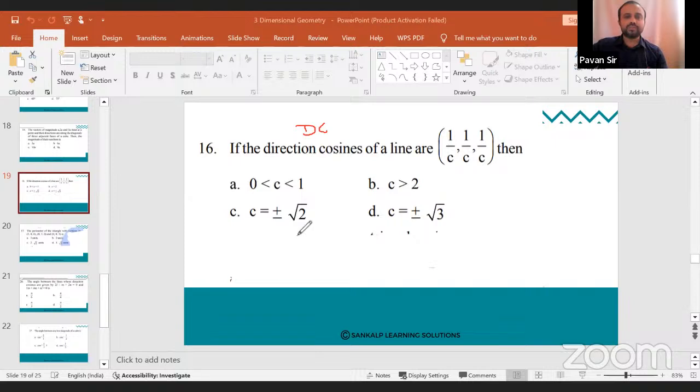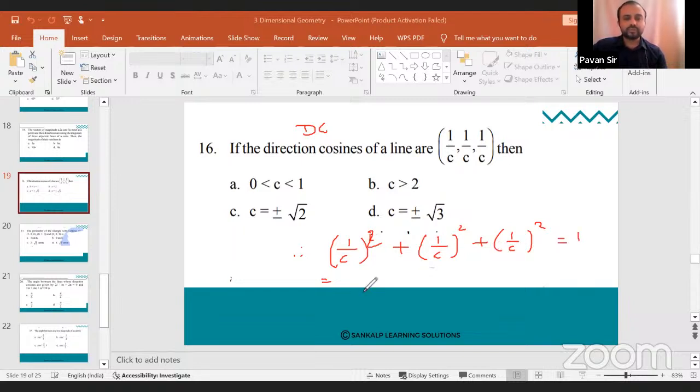What direction cosines are given? 1 by c, 1 by c, 1 by c. So square it: alpha square, that is 1 by c the square, plus beta square, 1 by c the square, plus gamma square, 1 by c the square, first which is equal to 1.